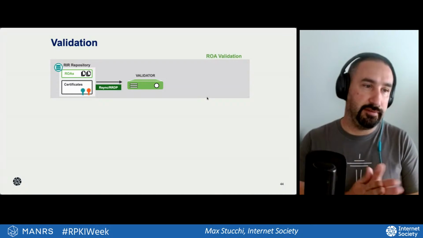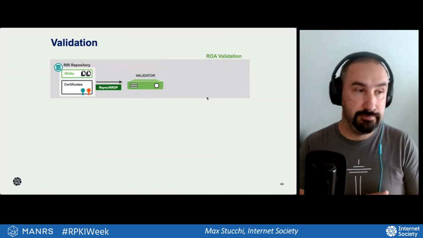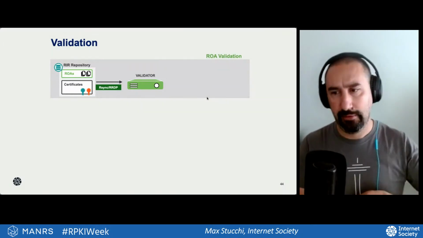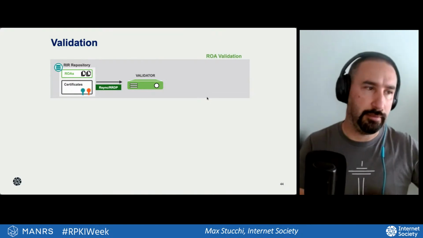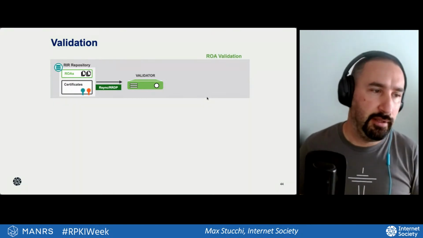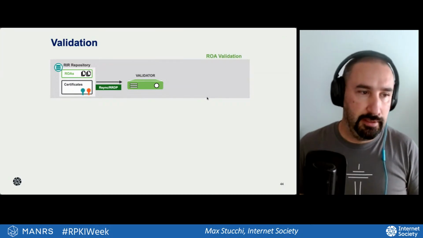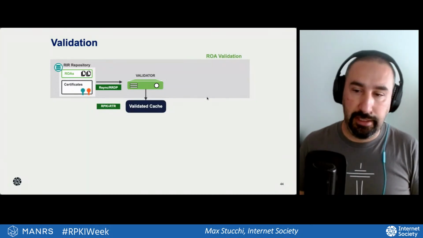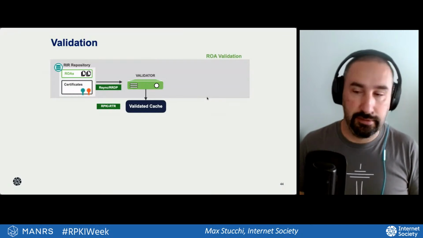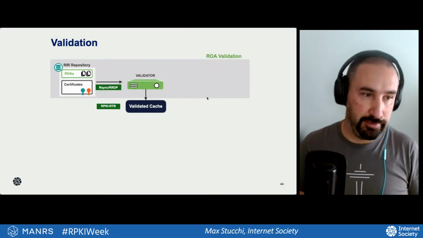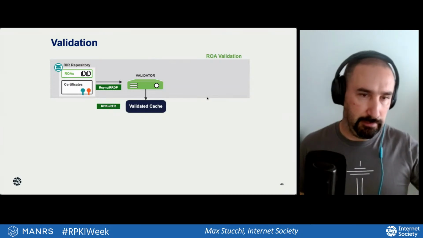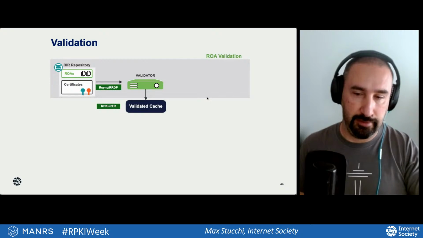Validation runs with a validator, as we've seen, which gets the ROAs and the certificates, so the whole RPKI repository, by using rsync or RRDP. And then the validator creates a validated cache. So there is an action that happens between the download of all the data and the creation of the validated cache.